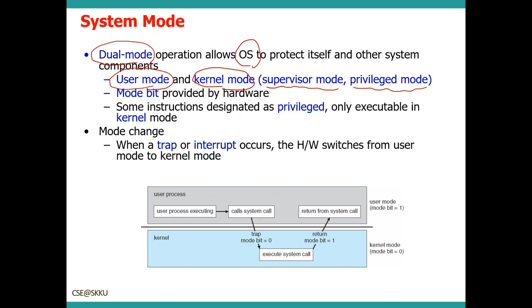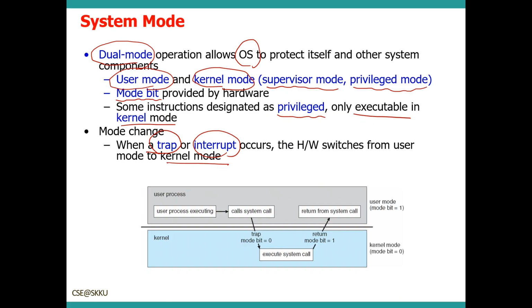The hardware has a special mode bit to represent the current mode, and some instructions are designated as privileged, so they can be executed only in kernel mode. To execute a privileged instruction, the hardware mode must be changed to kernel mode. The mode change can occur when a trap or interrupt occurs, so the hardware switches from user mode to kernel mode.